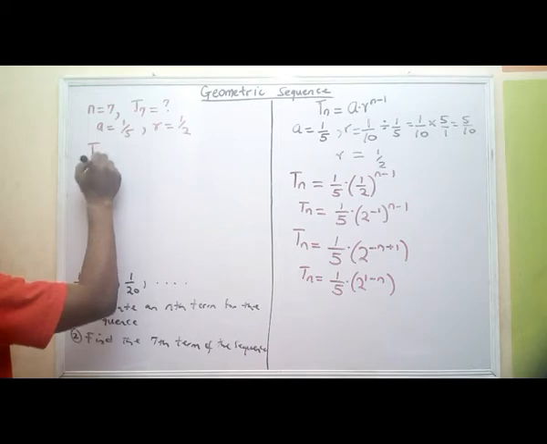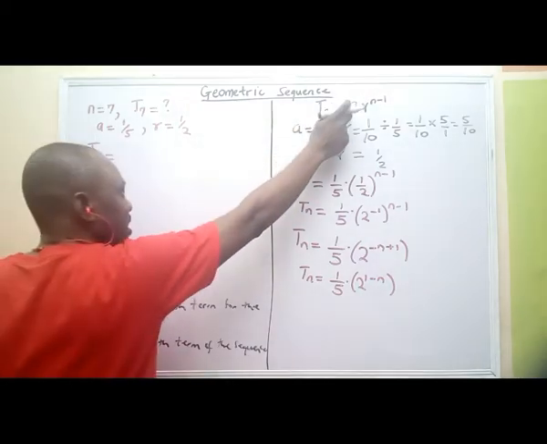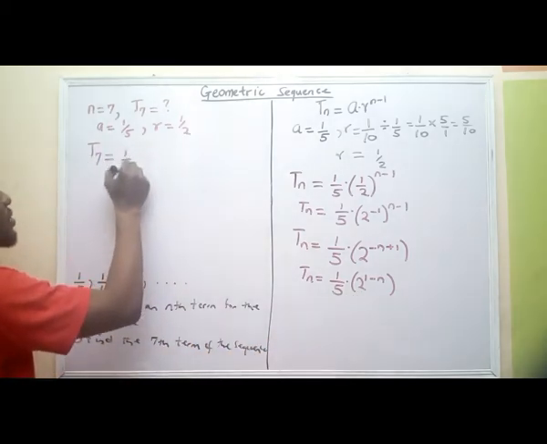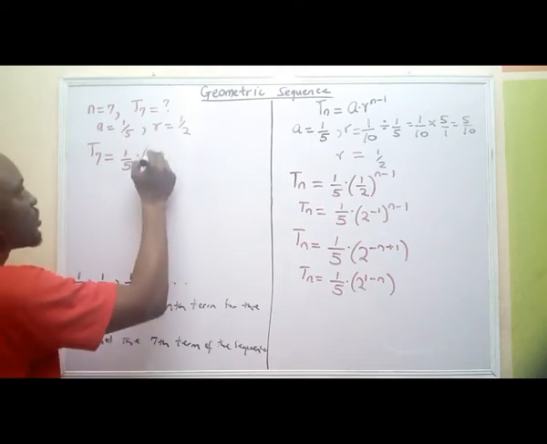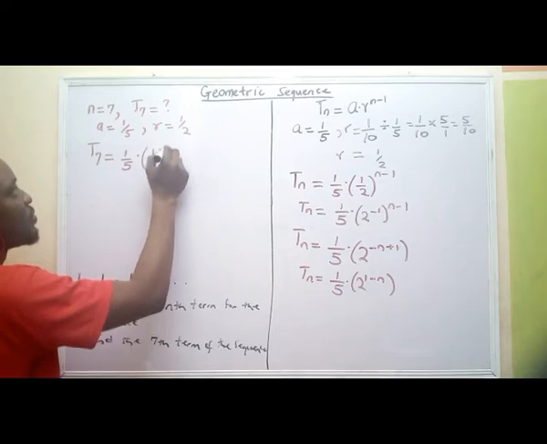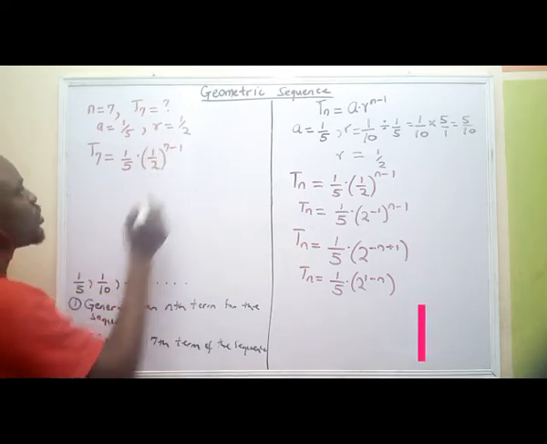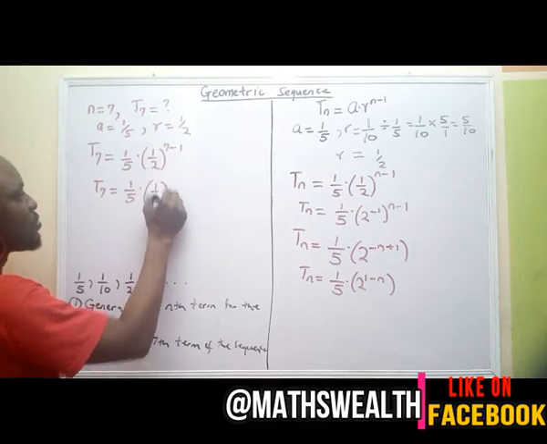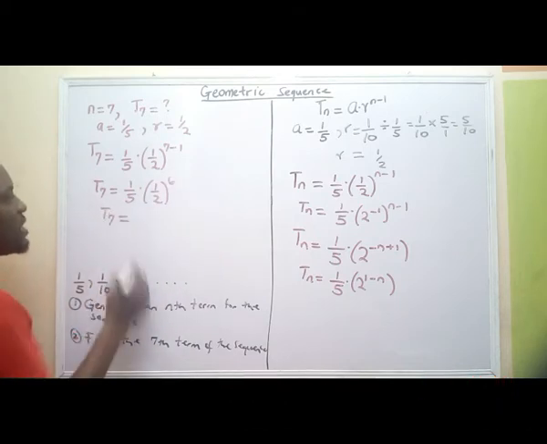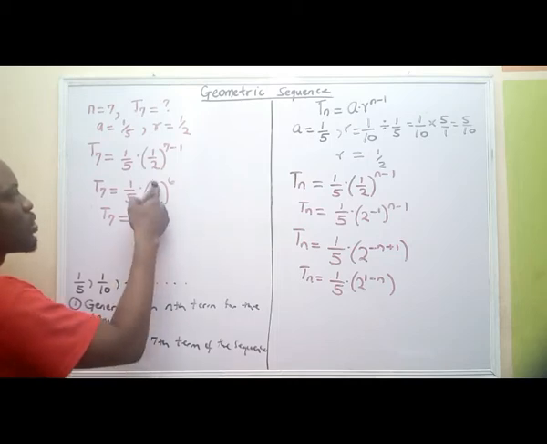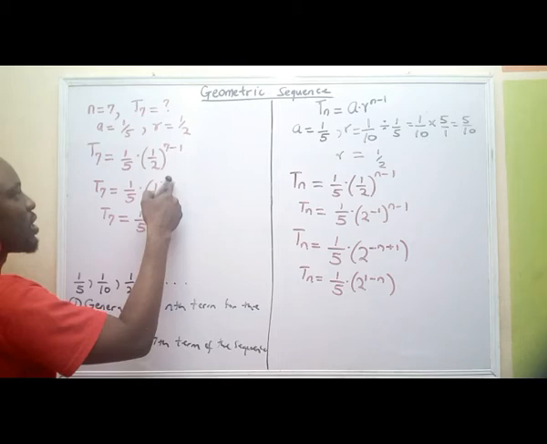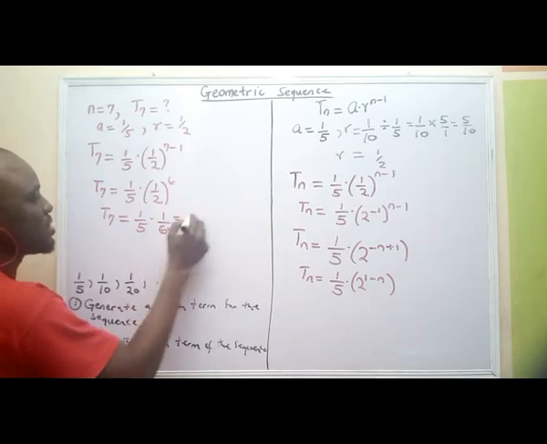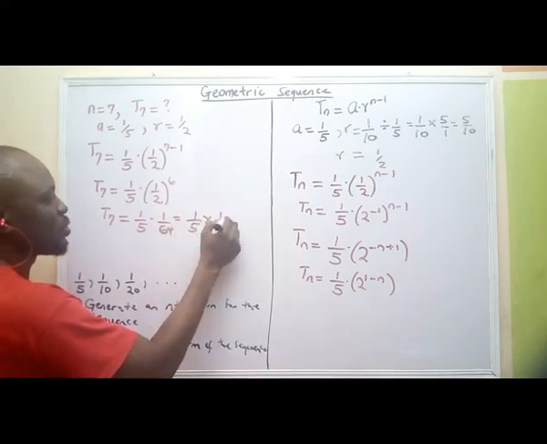So T sub 7 equals 1 over 5 dot 1/2 raised to the power 7 minus 1, which is 1 over 5 dot 1/2 raised to the power 6. 1 raised to the power 6 is 1, over 2 raised to the power 6, which is 64. So this means 1 over 5 times 1 over 64.